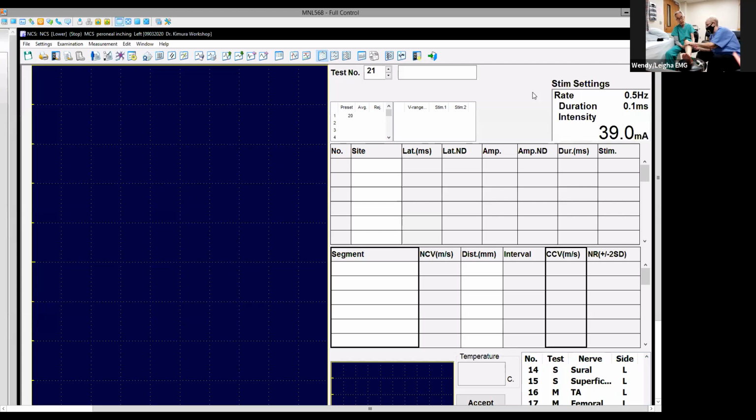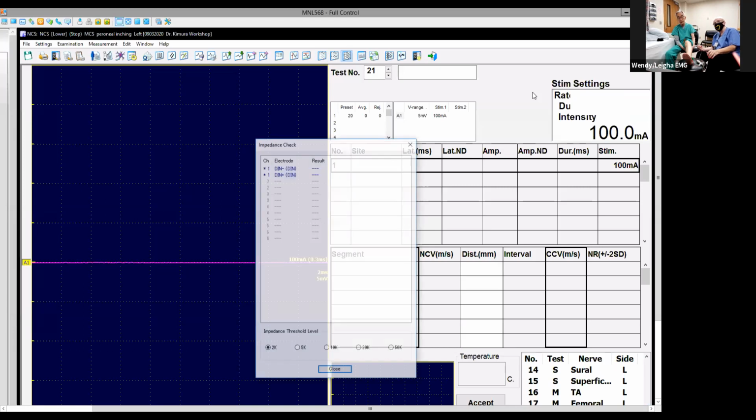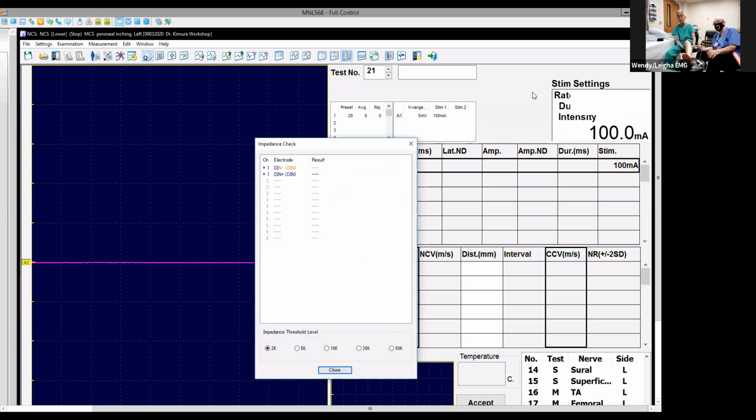Okay. It's moving, but why no response? You see the foot twitch? So we are stimulating the peroneal nerve. You know it right away. But there's no recording there because something is wrong with the connection.